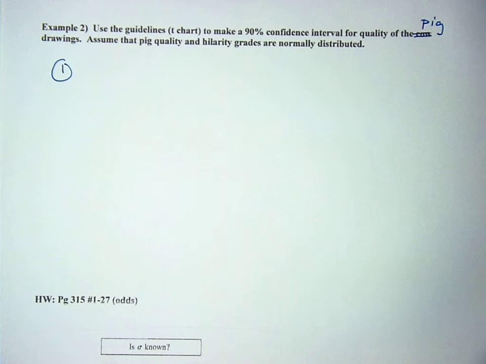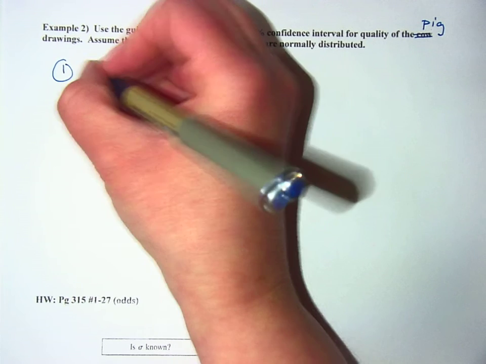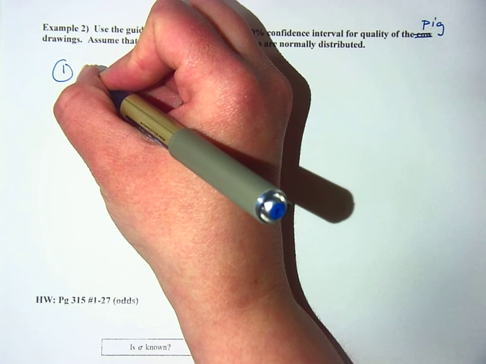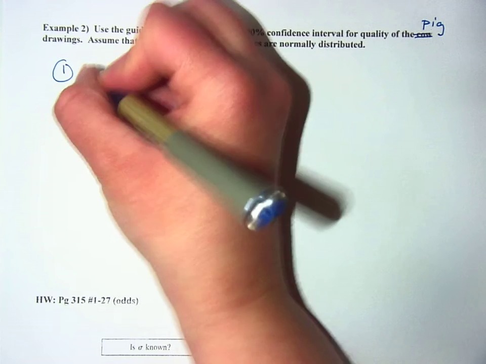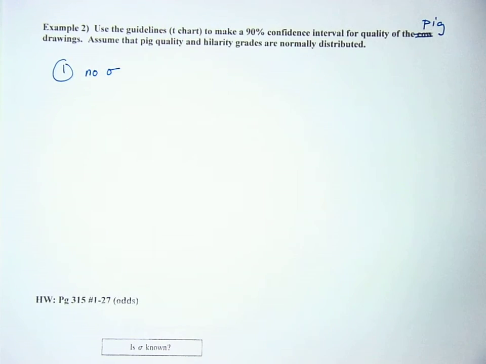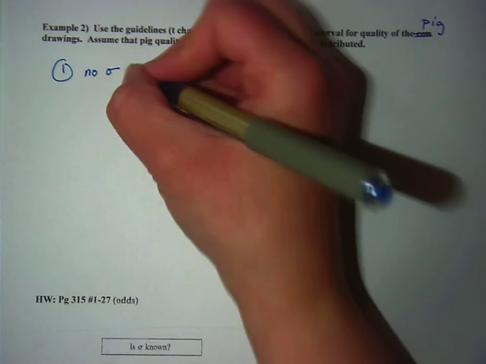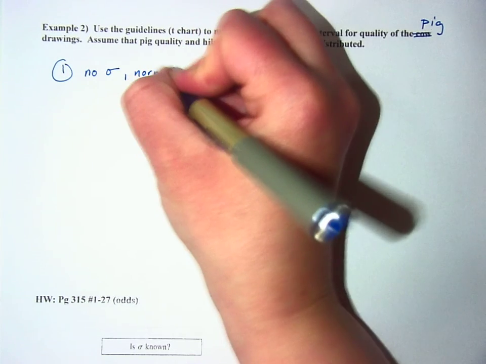We are assuming that the pig quality and hilarity grades are normally distributed in the school. We don't know sigma because we don't have a population, and it is definitely normal because I said it was.